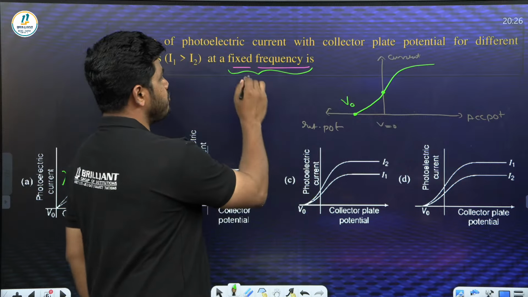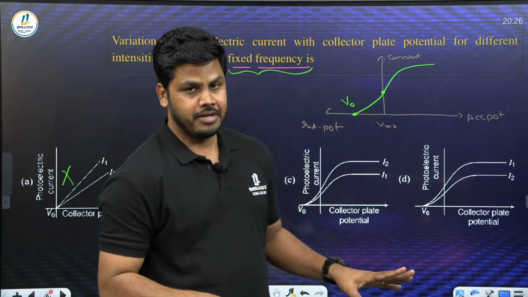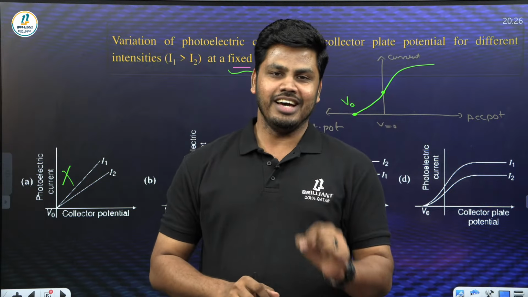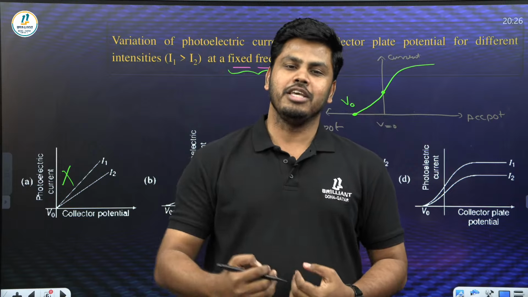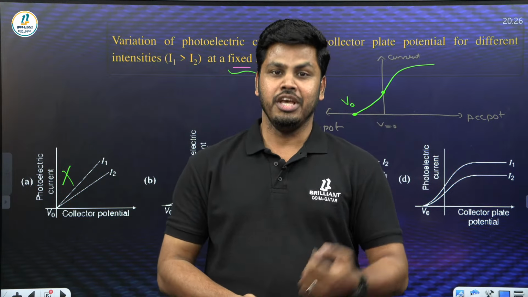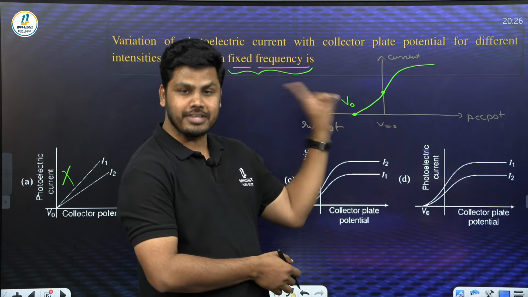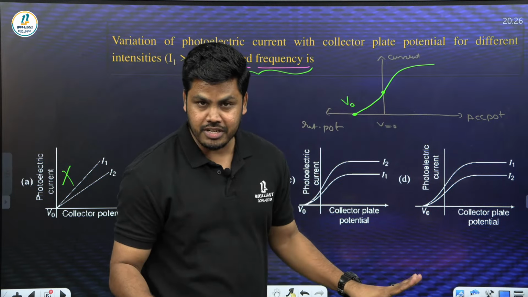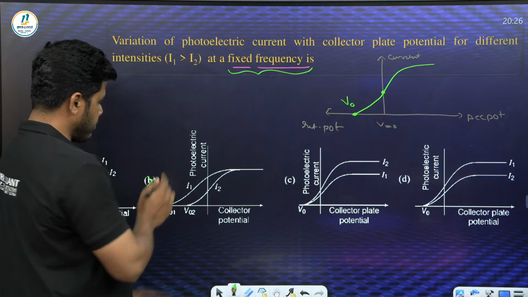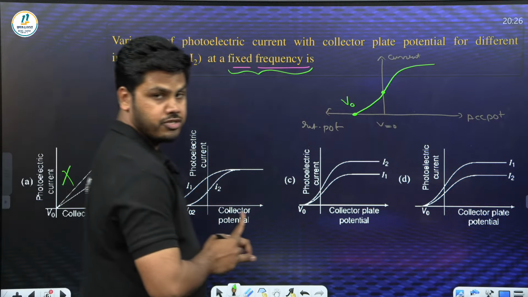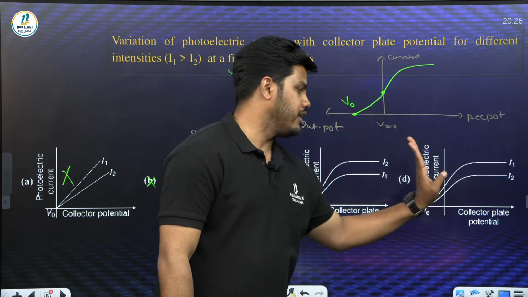We know whenever frequency is a constant, stopping potential will not be affected, because stopping potential is proportional to the kinetic energy of photoelectrons, right? If you want to change the kinetic energy, you have to change the frequency of incident radiation. Here frequency is fixed, so there will not be a change in stopping potential. So B is also not an option because we have two different stopping potentials given in the option. Done. So then either C or D.